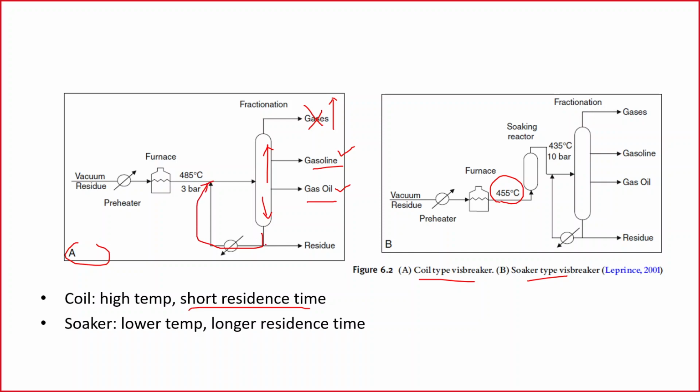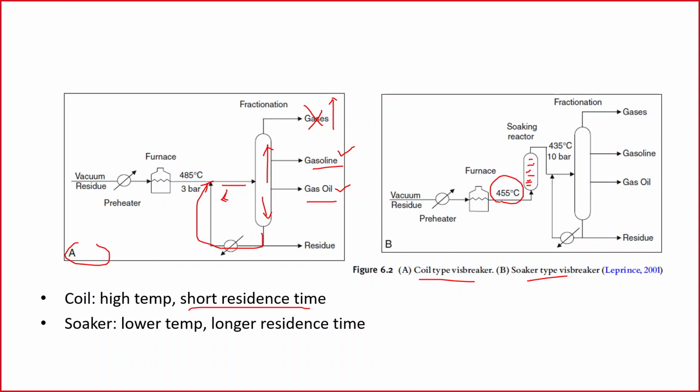So from the residue, you just cool it down, and then you quickly quench it, so that this part doesn't have this 485 degrees C. So this is much lower than 485 degrees C. So you quench it quickly, so that you can still keep the gasoline and then the gas oil. And here we have a slightly lower temperature, 30 degrees C lower. You let it crack somewhere here, because it's cracking, yeah.